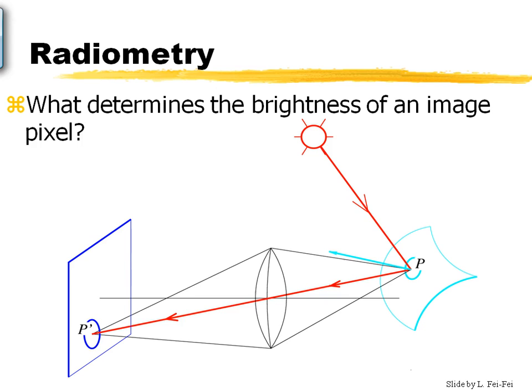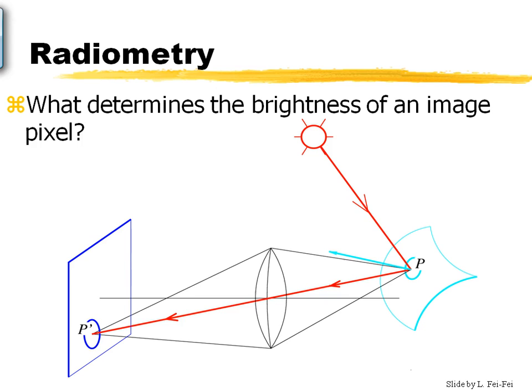So, what we want to understand is, if we capture an image and get a particular brightness value at a pixel, what does that mean? You work with a digital image, you say, this pixel has a value of 100. What does 100 mean? What is the relationship of the value that you have on the pixel with respect to a particular object that's sitting out in space that you've just imaged?